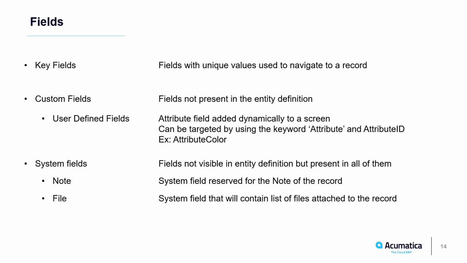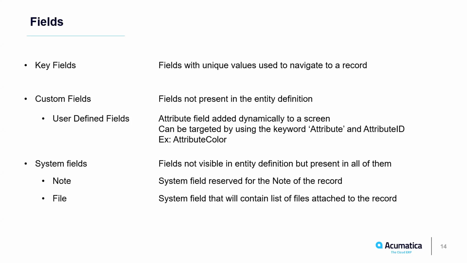If you want to target them using the custom field section, you will need to use their attribute ID with the keyword attribute in front. I'll show an example later, but as shown here, we could target the color attribute by using the custom field parameter with the attribute color keyword.